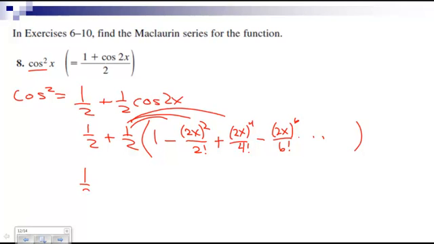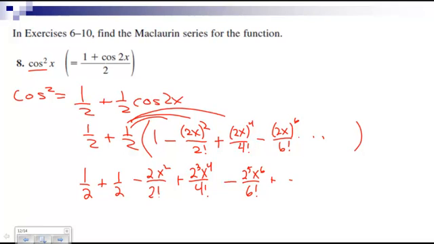And so I end up with 1/2 plus 1/2 minus 2x squared over 2 factorial plus 2 cubed x to the 4th over 4 factorial minus 2 to the 5th x to the 6th over 6 factorial, dot dot dot. Did I make a mistake? No, you're good.